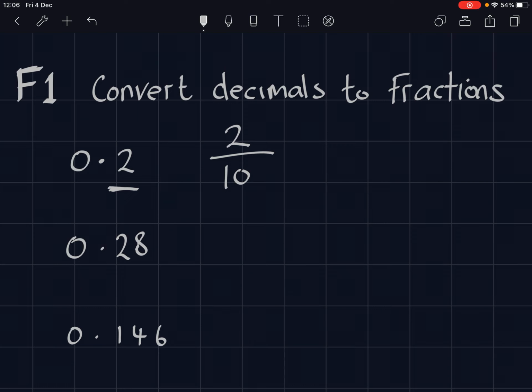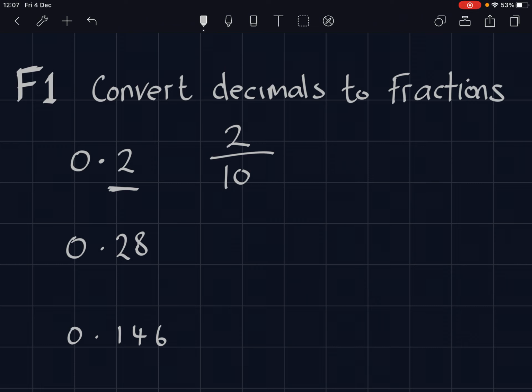So 0.2, if we times it by 10, becomes 2. And if we divide it by 10, it becomes 0.2 again. So this gives us a handy way to convert a decimal into a fraction. Now 2/10 can be simplified. The number on the top is the numerator and the number on the bottom is the denominator, and we can divide them both in this instance by 2.